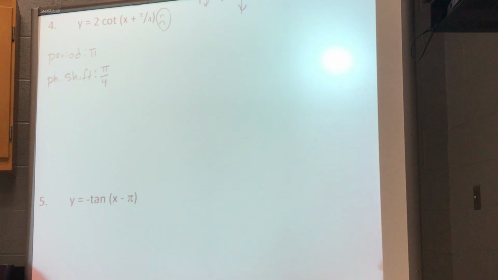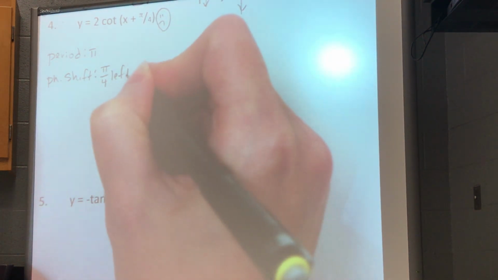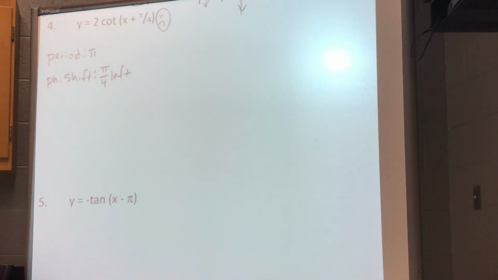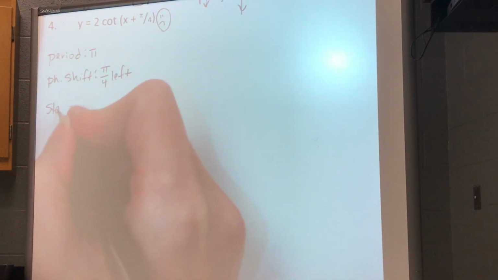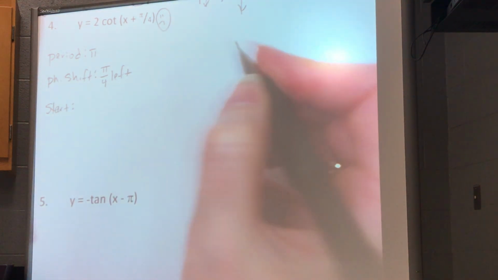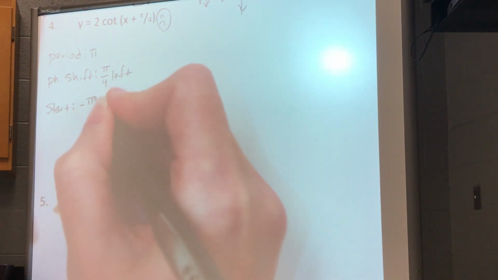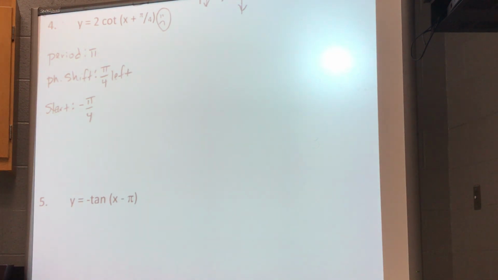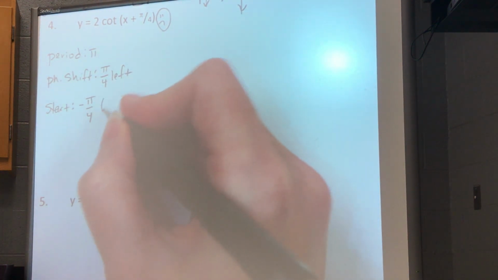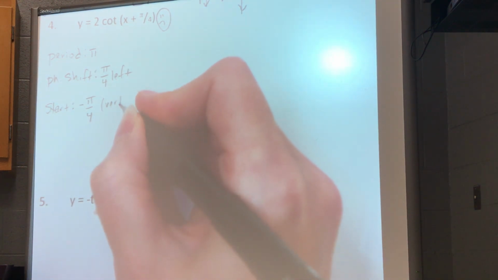Which direction? To the left. Okay, so that makes the starting point of my first period negative pi over 4. And for tangent and cotangent, the starting and ending points are vertical asymptotes.